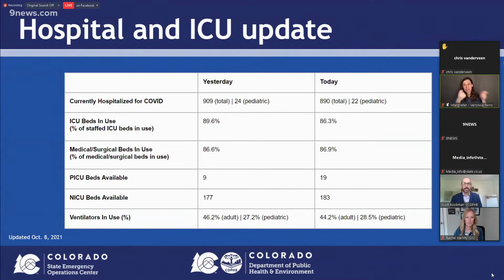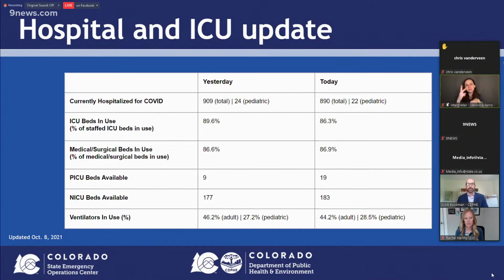And here is just a snapshot of comparison yesterday to today on our hospital numbers. Again, pretty significant variability. We were at 909 yesterday. We're at 890 today. You can see that ICU bed utilization kind of varying along with that.